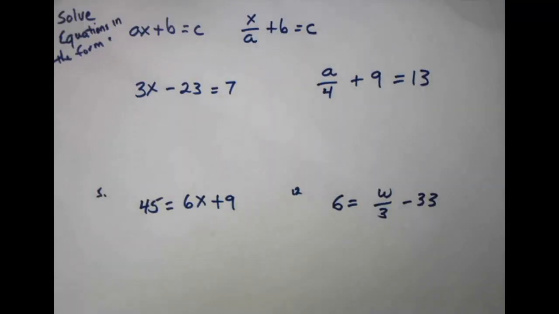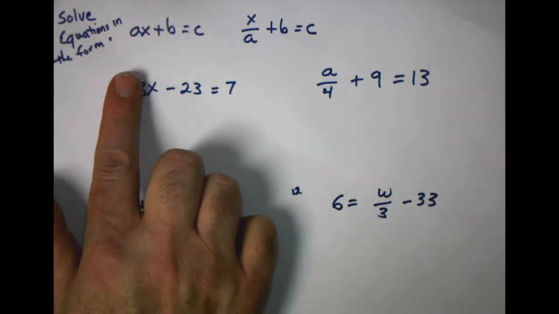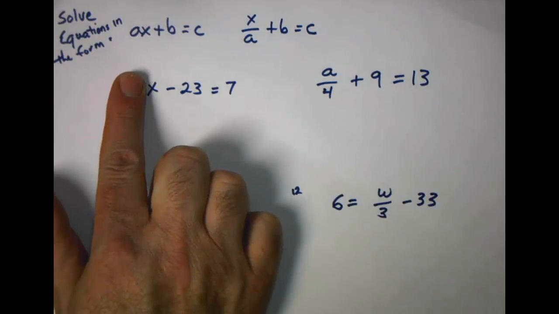Our goal for this section is to be able to do two-step algebraic equations in the form of ax plus b is equal to c, or x divided by a plus b equals c. And remember, a, b, and c are all whole numbers. When we first did the various sections of algebra, we had that first section where we had x minus 23 is 7.